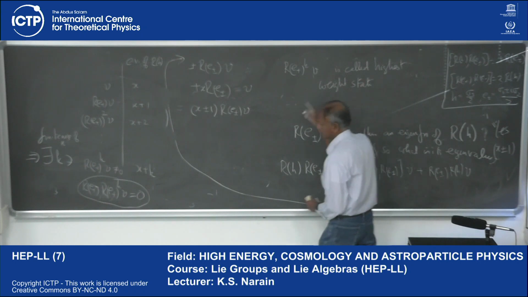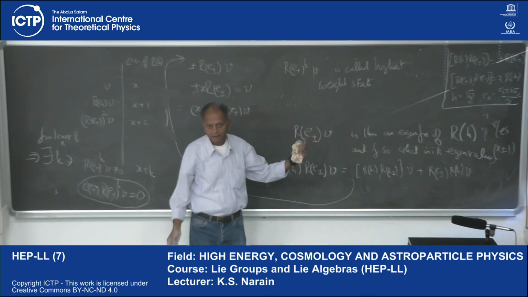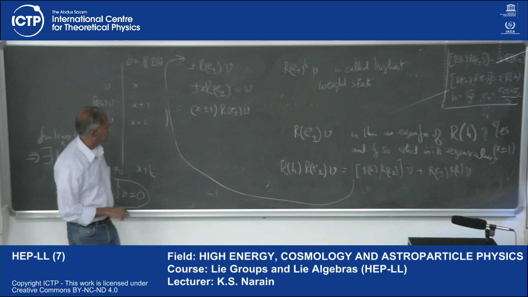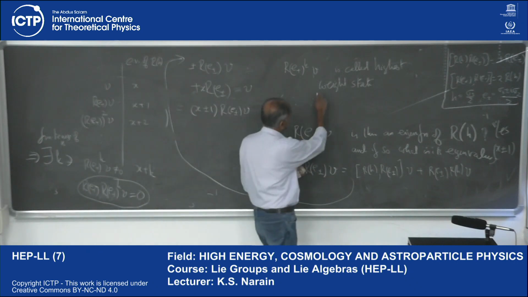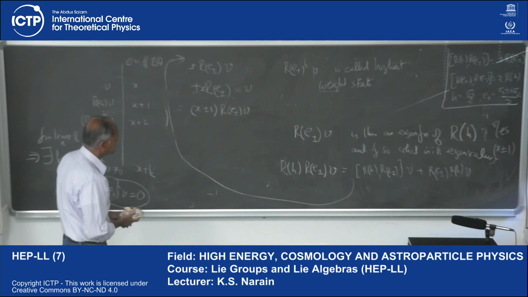Okay, this terminology will become more clear. At the moment, just think of weight as an eigenvalue. This will become more clear when we go to SU3. So for the moment, we just take it as terminology.